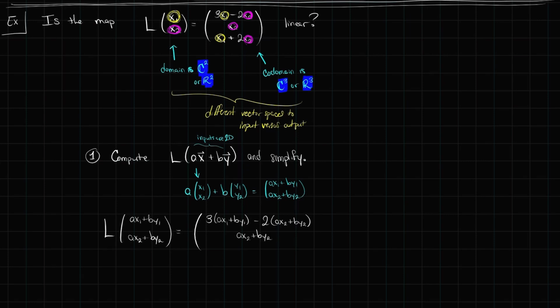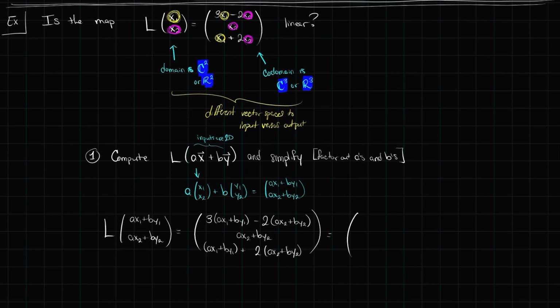And in the third row, I have the first entry, ax1 plus by1, plus 2 times the second entry, which is ax2 plus by2. Every time I simplify, I should be thinking of simplify as in factor out a's and b's. That's what we want to think.